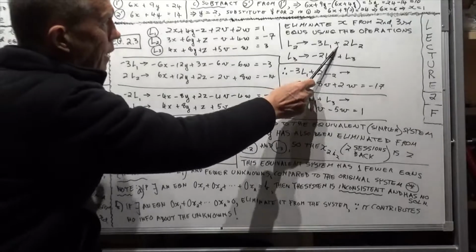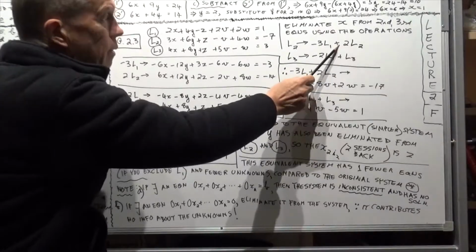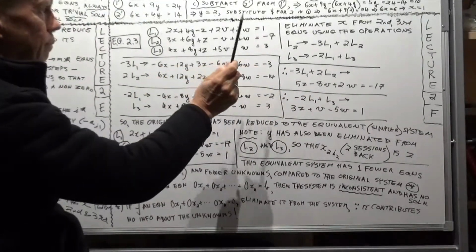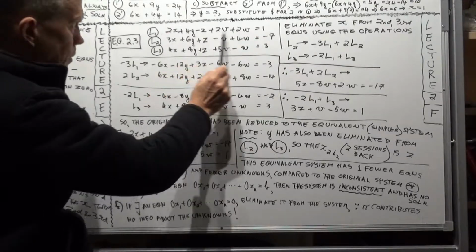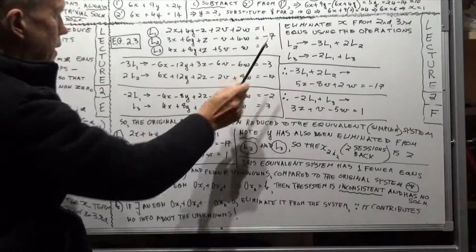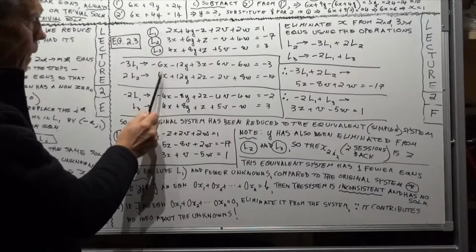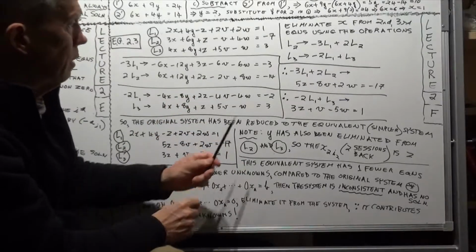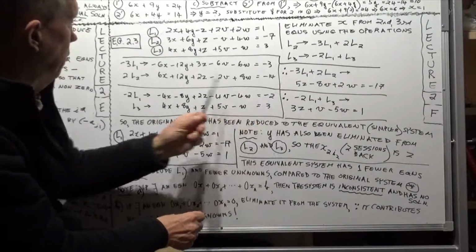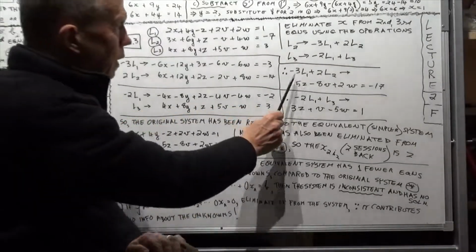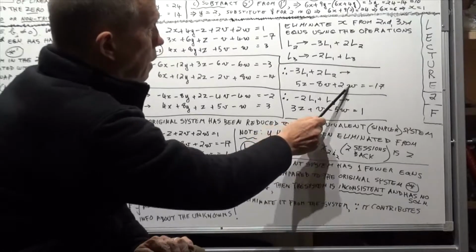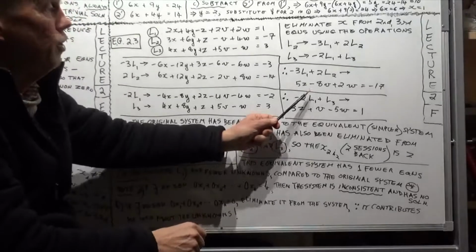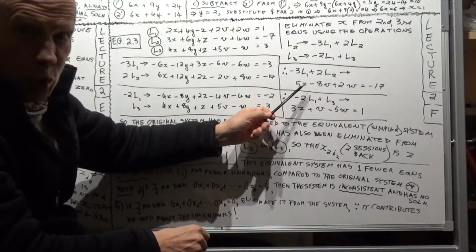So now add -3 times line 1 plus 2 times line 2. Your 6's will cancel, so the x term has dropped out. So this equals this. There's your new equation. That will become your new line 2.